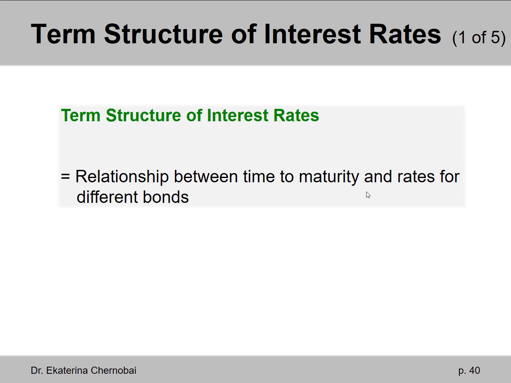And the last topic in chapter 7 on bonds is called term structure of interest rates. So let's recall what we had so far in chapter 7 on bonds. We looked at what bonds are. It's basically a way to borrow money.